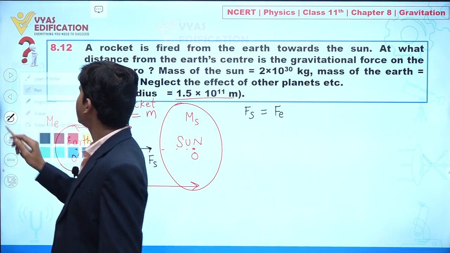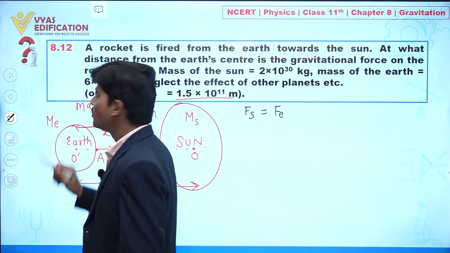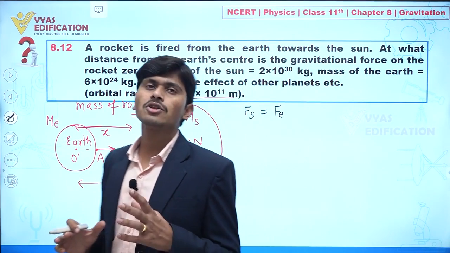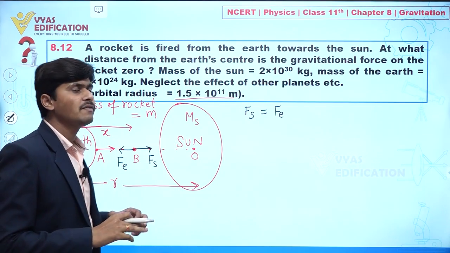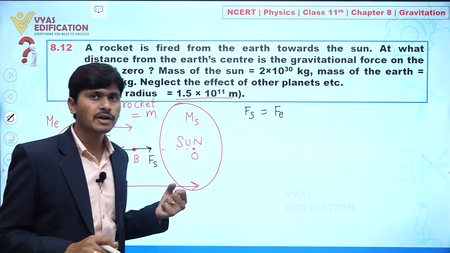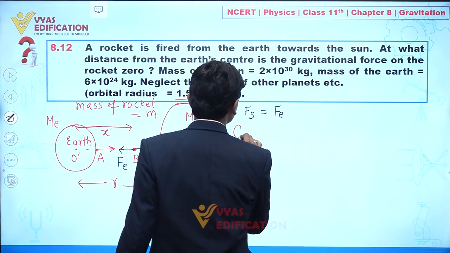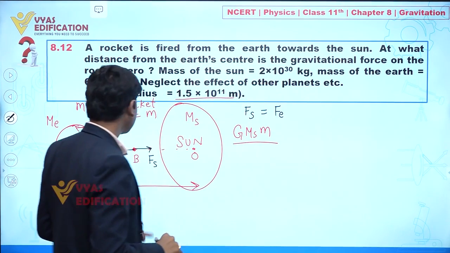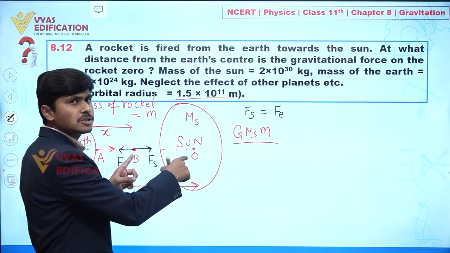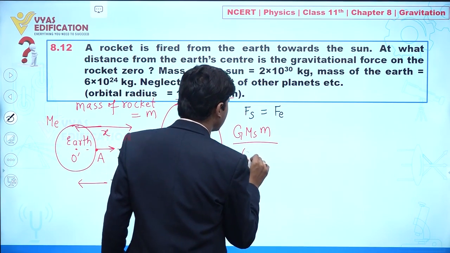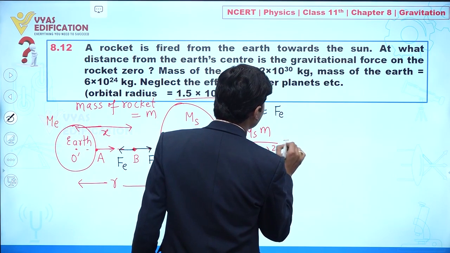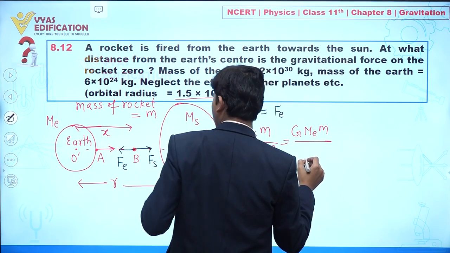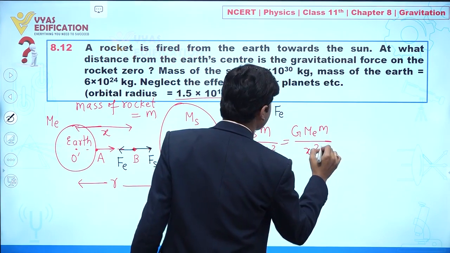Now can we write the formulas? Yes. What is the formula of Newton's law of gravitation? Directly we can say G ms m, and the distance between the sun and this point is r minus x. So r minus x whole square, this equals G me m divided by x square.